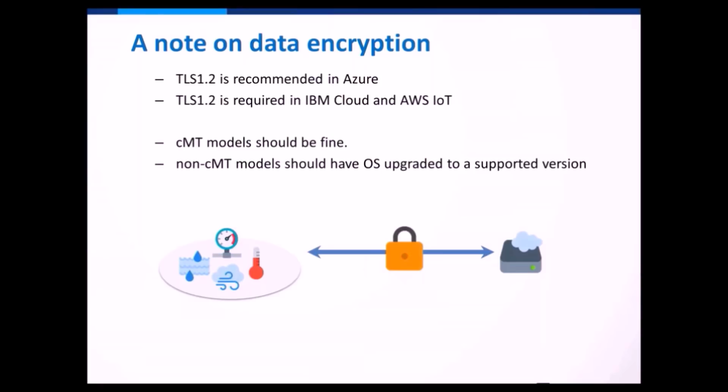But actually, there is a version difference that you should be aware of. Azure recommends that you use TLS 1.2, whereas for IBM Cloud and AWS IoT, TLS 1.2 is required.